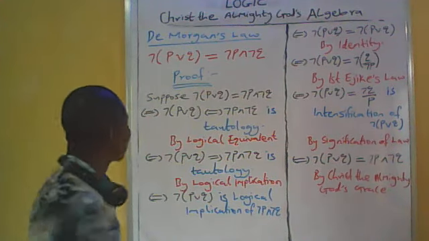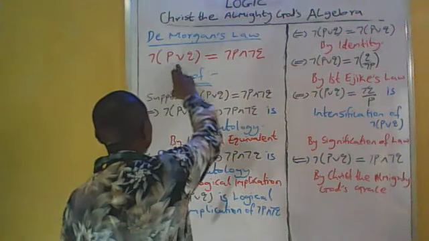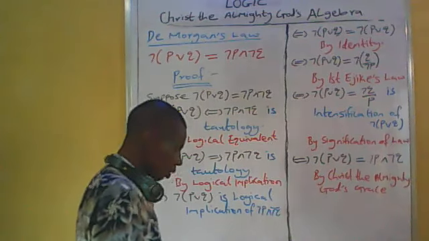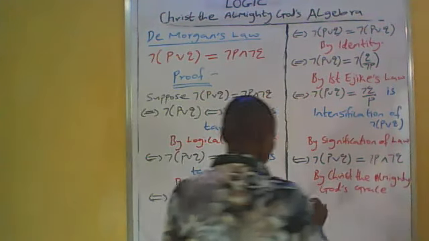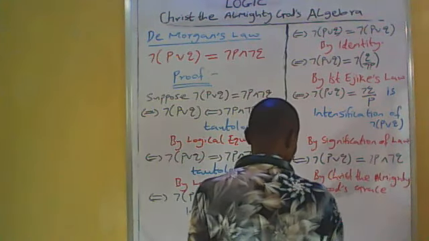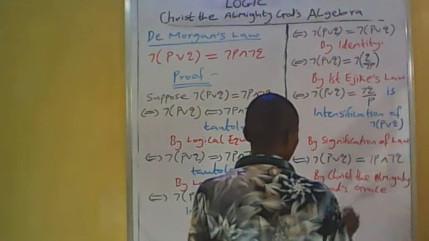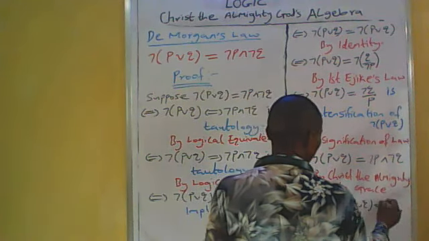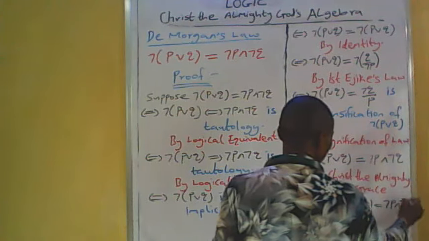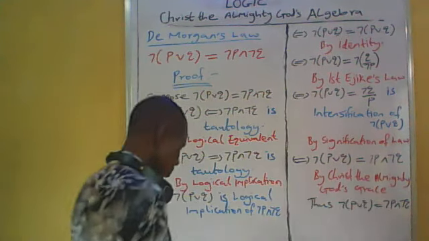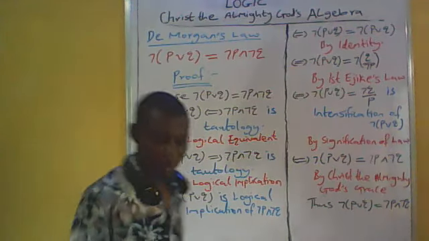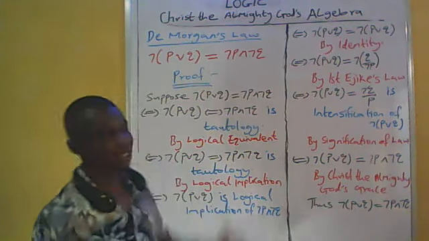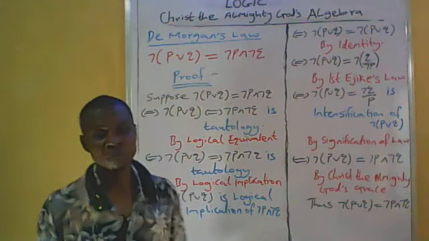Now I have proved the statement that not (P or Q) is equal to not P and not Q. We have now proved the statement, but it is a law.